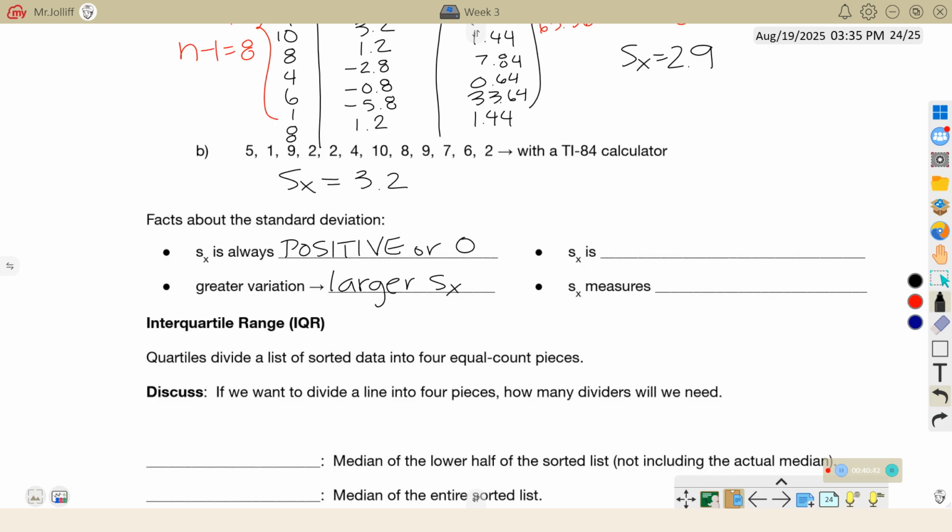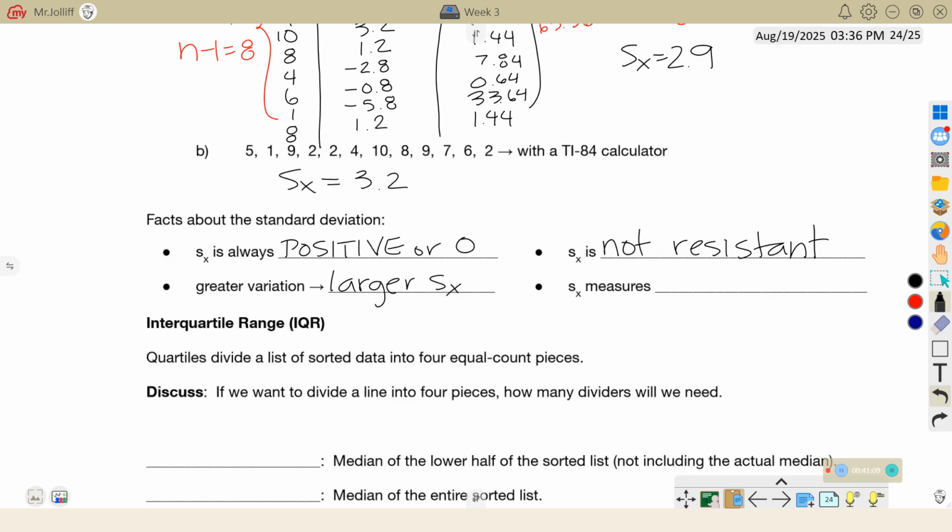The next thing is Sx is not resistant. This guy is not a resistant stat. He goes with the mean. They're paired together. They are both not resistant, heavily influenced by outliers. The next thing, I'm going to introduce a new vocab word here.